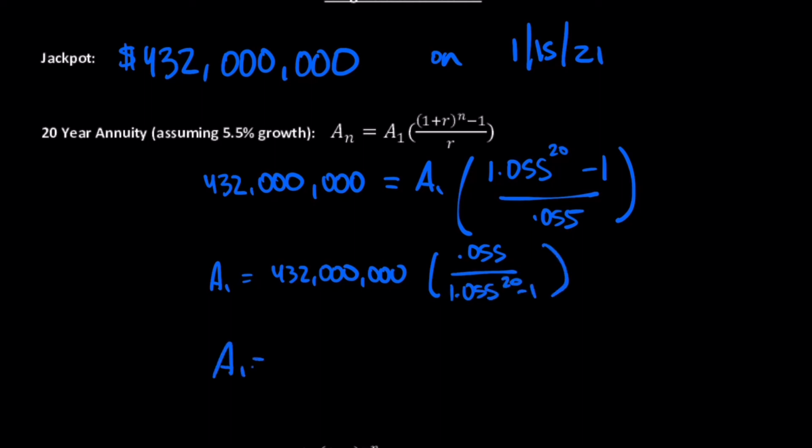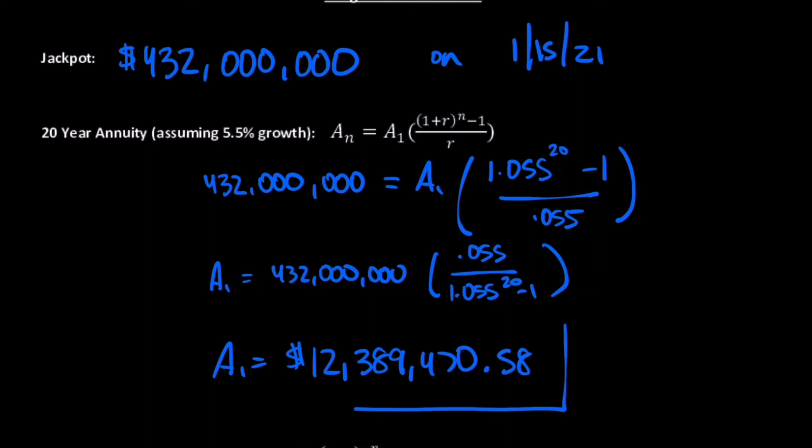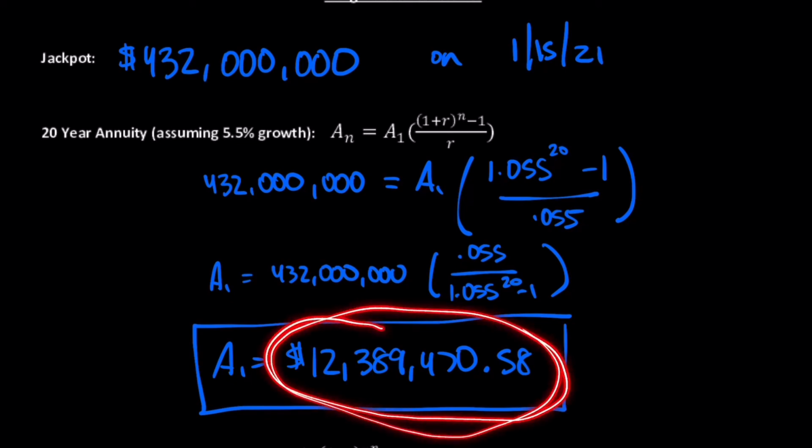And that comes out to be $12,389,470.58. So those of you that are 18, you go out, you buy a Mega Millions ticket. You're the only winner. You think you're getting $432 million. Guess what? They're going to say, nope, we're going to give you $12.4 million every year for 20 years.